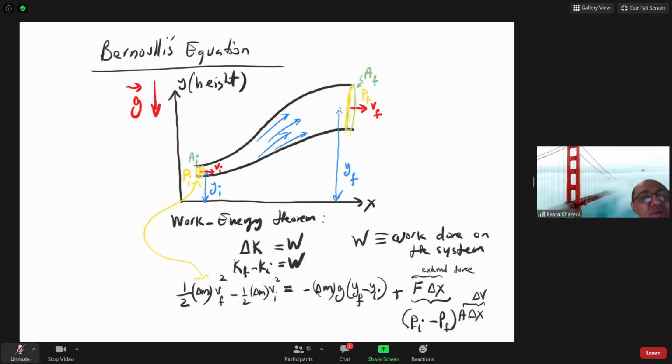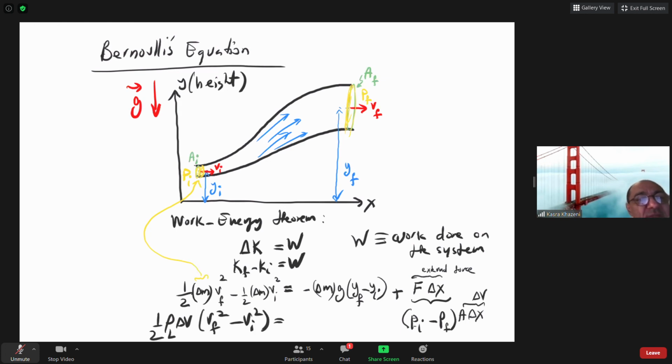So now I'm going to rewrite everything on the left-hand side again. 1/2, and delta M is rho of the liquid times delta V, minus 1/2. Let me get a rho of the liquid delta V times 1/2, and then I can just factor this out.